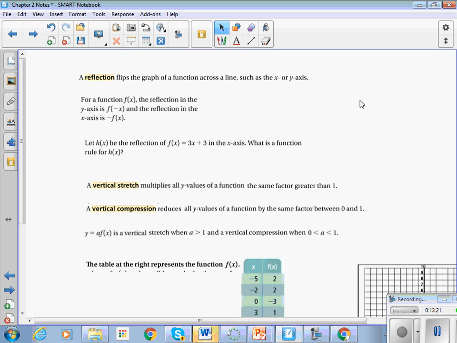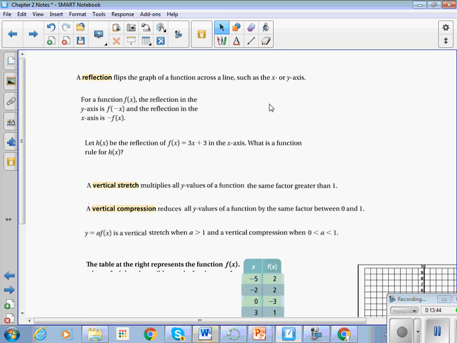All right, so we talked about moving up and down. We talked about moving left and right. Now we're going to talk about reflecting. So a reflection flips the graph of a function across a line, such as the x-axis or the y-axis.